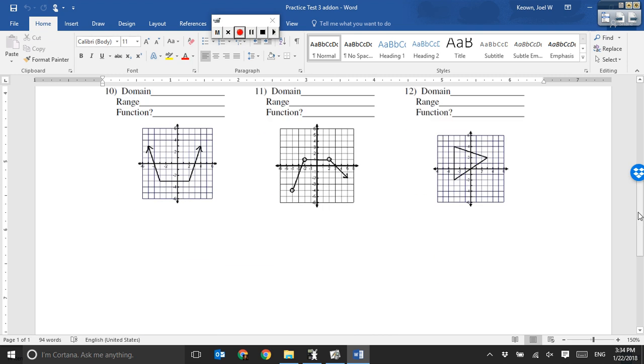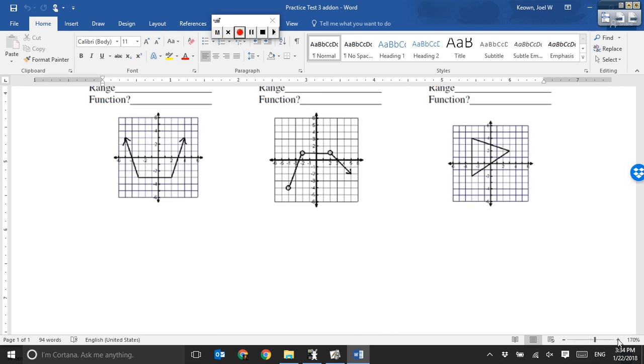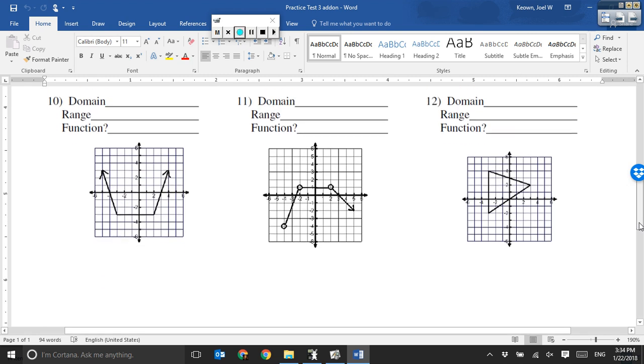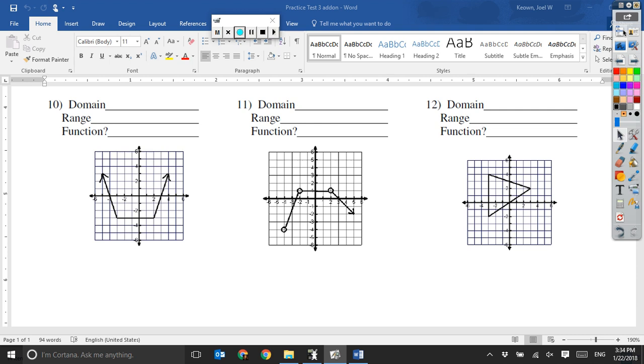Scroll down to these, zoom in just a bit. Okay, so domain. For this function, domain is left and right. As I go to the left, I see I can go to the left forever because of that arrow right there. So domain, negative infinity, and then to the right, that arrow tells me I can go all the way to the right, so positive infinity, and I don't see any gaps in the middle.